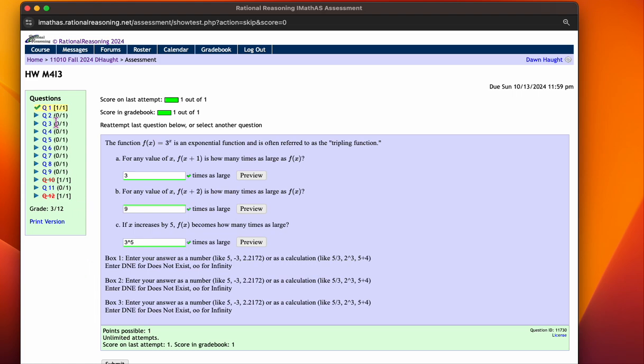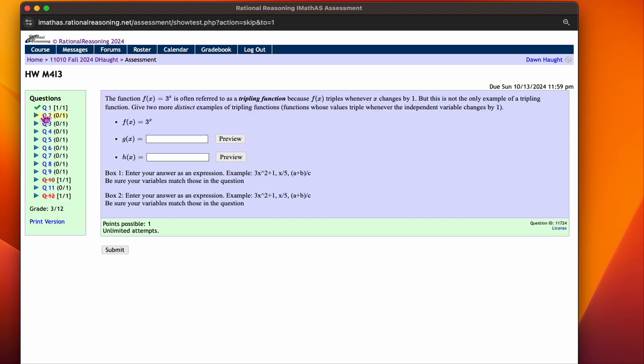Okay. Let's take a look at the second one. It says the function 3 to the x is often called the tripling function. Is yours the tripling function? Okay. So it says here that this is not the only example of a tripling function.